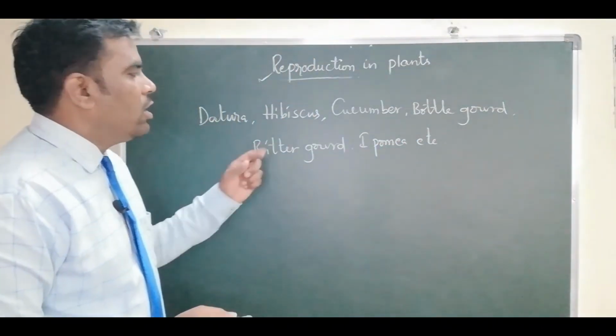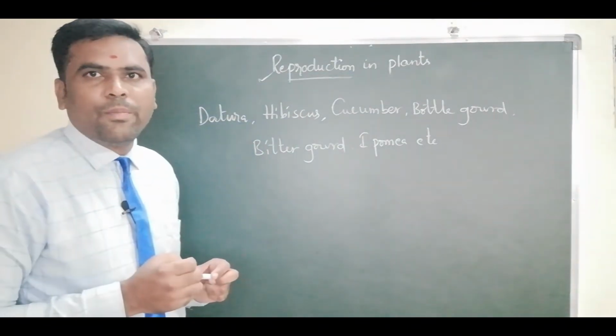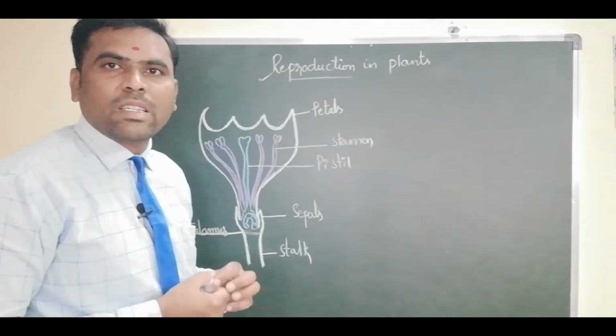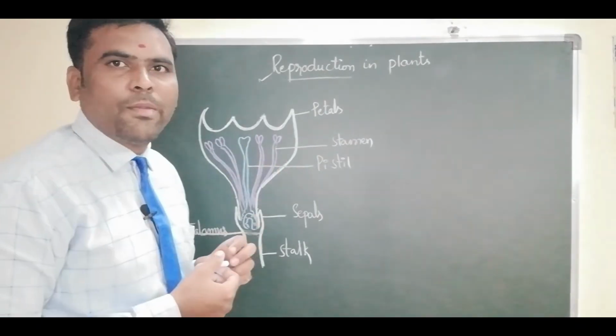Collect the flowers of all these plants and observe them carefully. What parts are present in the flower? Just try to observe. Now let us look at the different parts of the flowers.